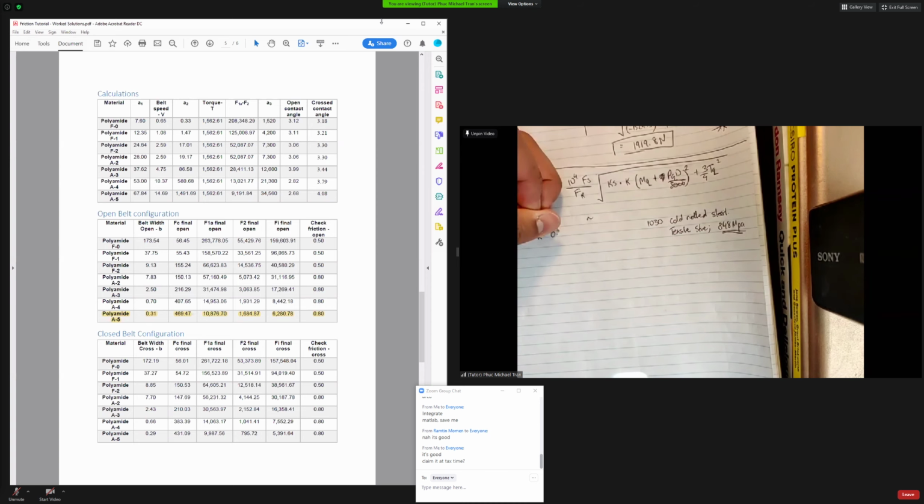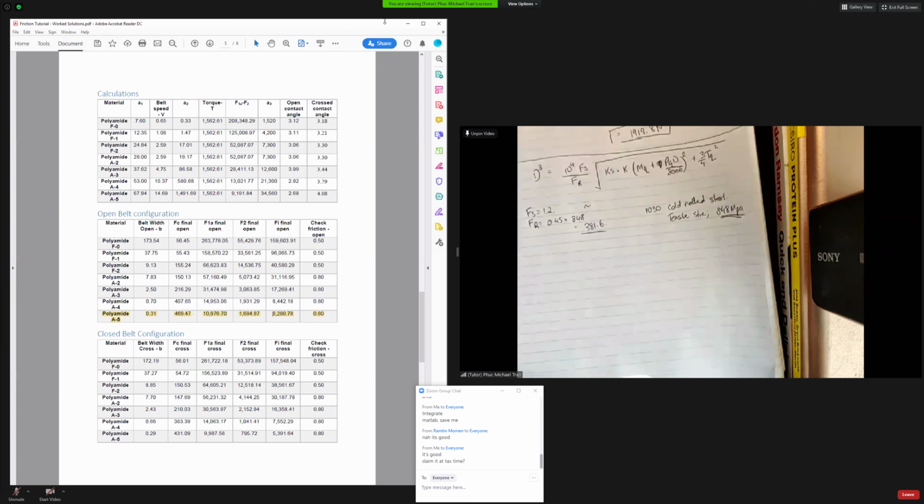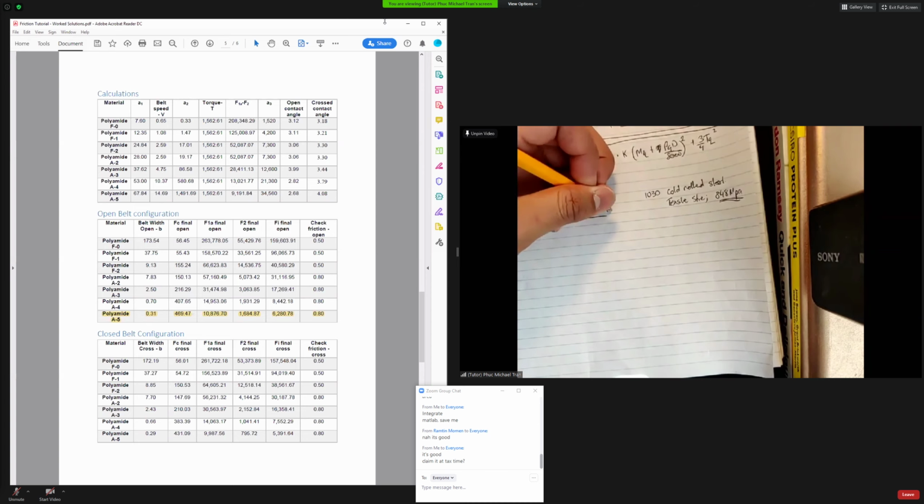So it'll be 0.45 times that tensile strength. Got 381.6. Should be megapascals.